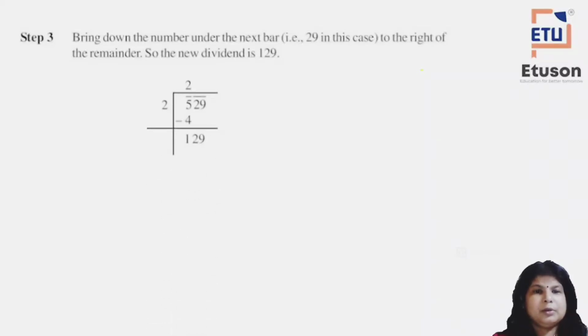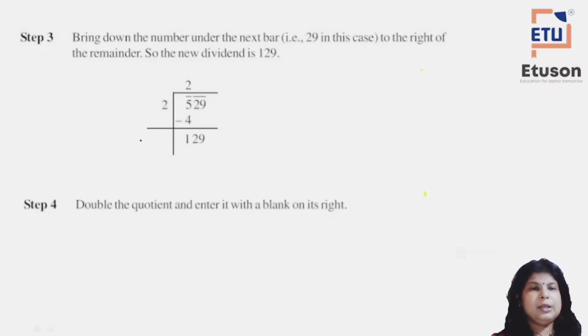So it looks like this, right? Your remainder was 1 and you have now taken this 29 down. Okay, so now 129 is your new dividend.